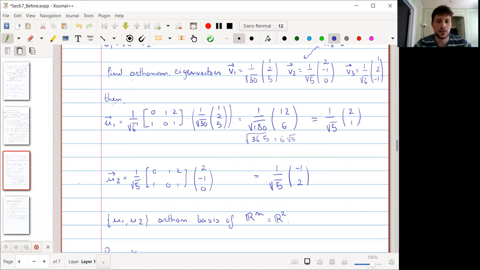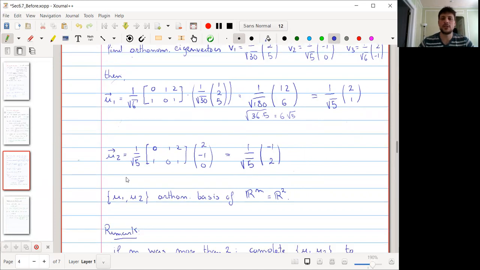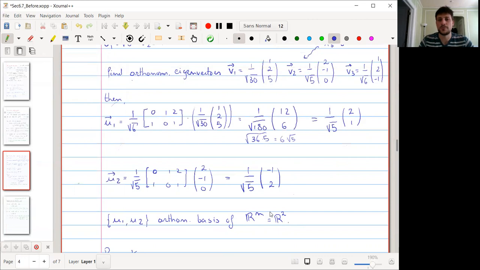When I compute this out, I get exactly what's written here: a minus 1 in the first entry and a 2 in the second entry. So this u1 and u2 are automatically already normalized. They are an orthonormal basis of Rm, which in our case is R2.